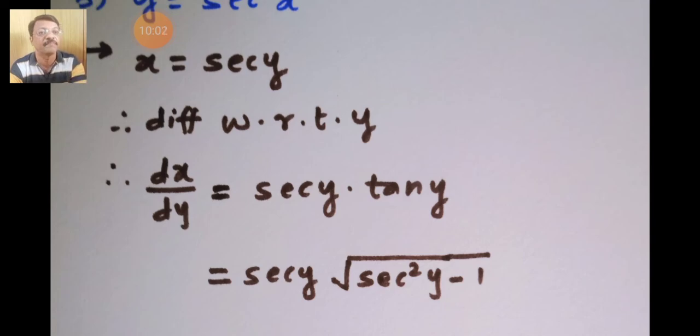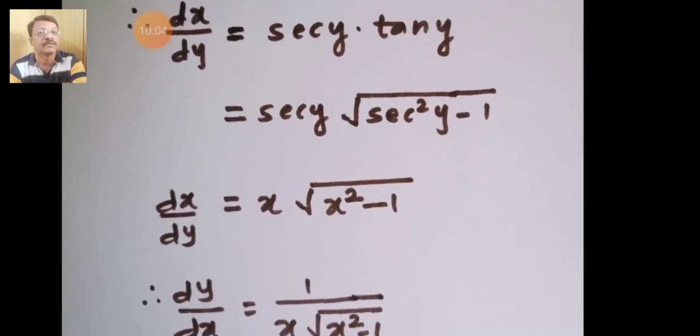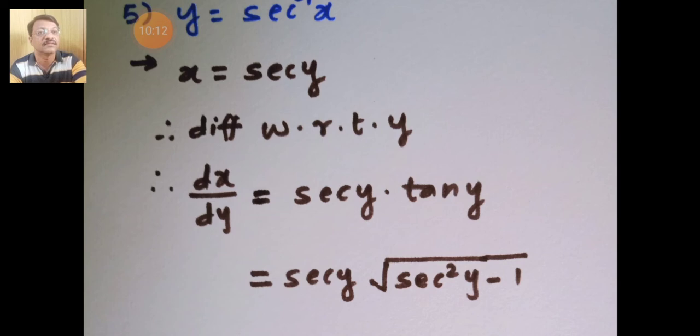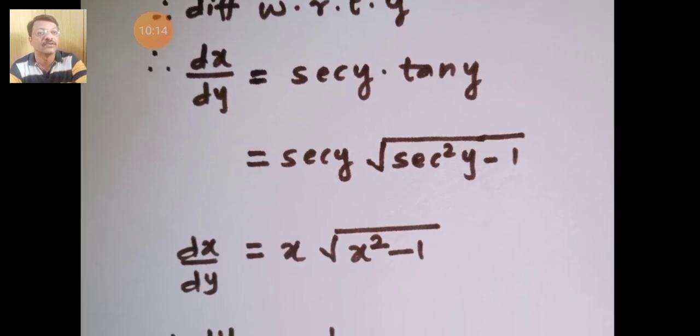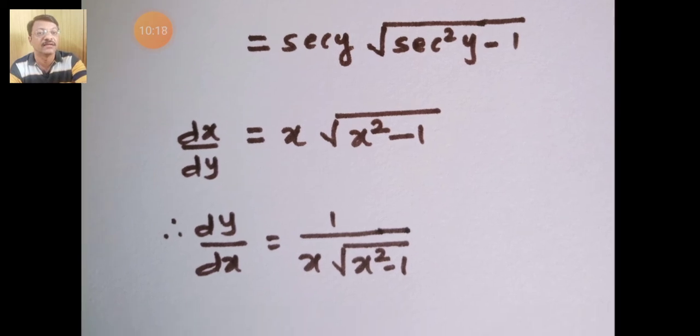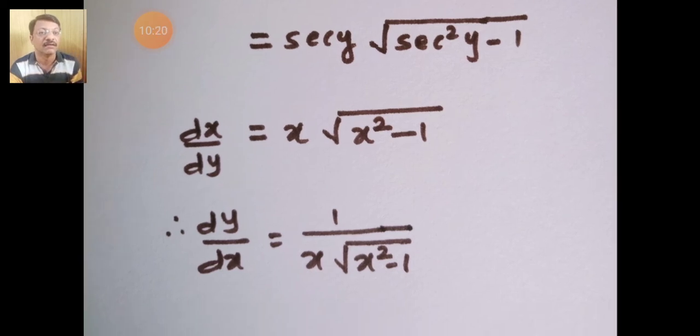X is sec y. So writing dx by dy as x into root of x square minus 1, because sec y is x, and then write dy by dx as 1 upon dx by dy, which is 1 upon x root of x square minus 1.